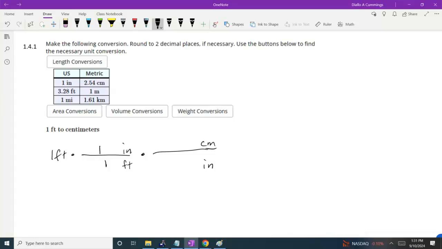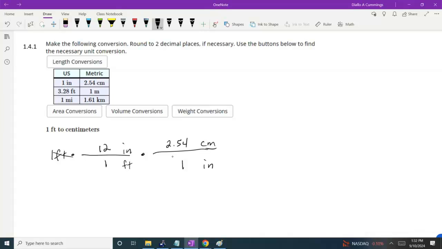Now I'm going to write in my formulas. 1 foot is 12 inches. And looking at my metric conversion, 1 inch is 2.54 centimeters.